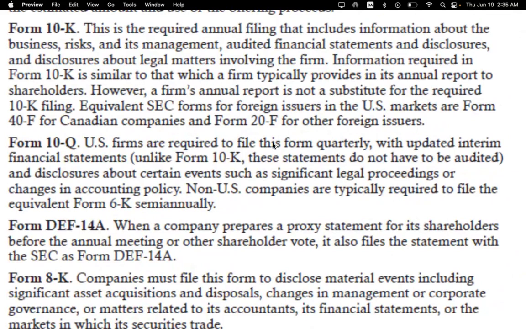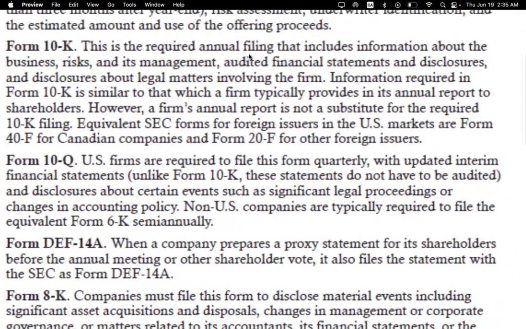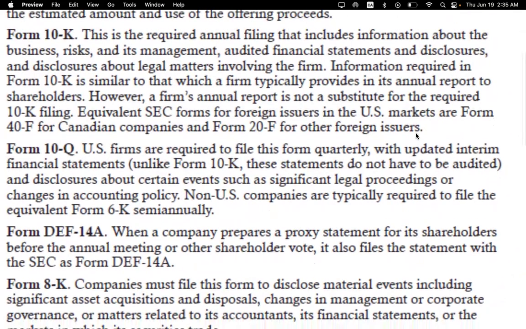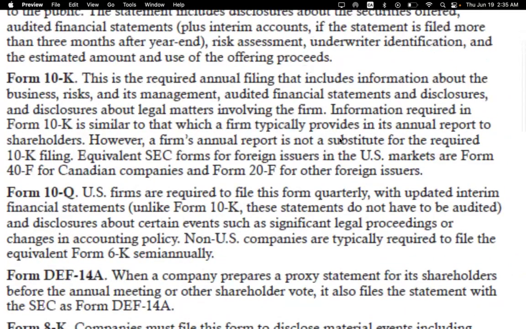Form 10Q, this is filed quarterly. 10K was filed annually, 10Q was filed quarterly. It has interim financial statements. This had annual financial statements. This is interim as in like every quarter the financial statements are given. These statements do not have to be audited. Form 10K statements, audited financial statements, 10Q unaudited, interim financial statements.